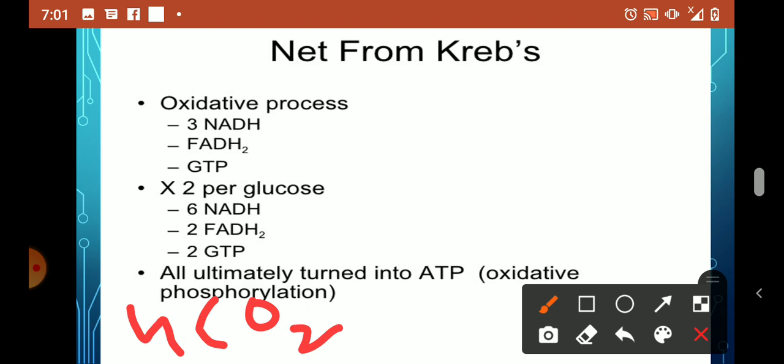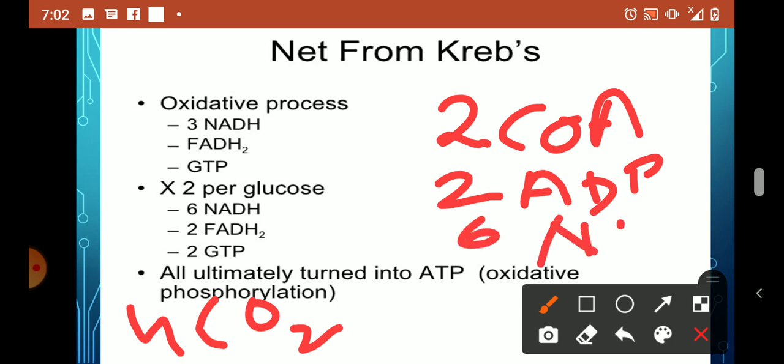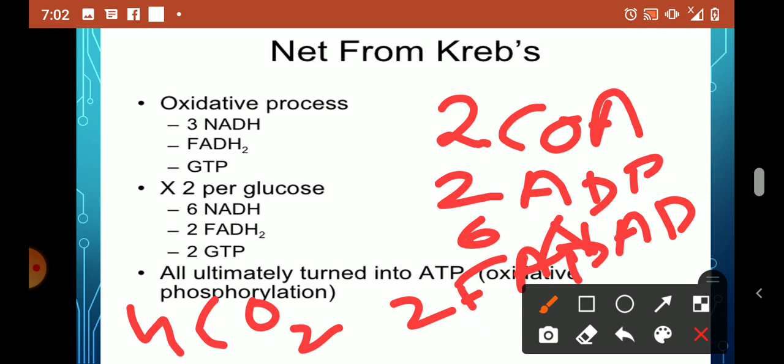The Krebs cycle consumes 2 acetyl coenzyme A or acetyl groups, 2 GDP, and 2 NAD, which is reduced to NADH, and 2 FAD, which are reduced to FADH2.